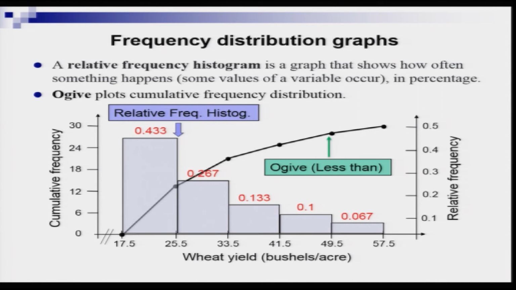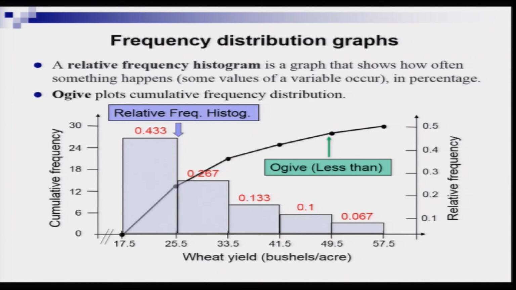That is from the sample of 30 that I have collected on wheat yield of farmers, and I have already shown how to calculate the relative frequency based on that data. Along the secondary axis I am measuring that relative frequency, and if you do not remember the measures from the previous table, that is fine, I have reproduced those numbers in red. You see that I have 5 bars here.